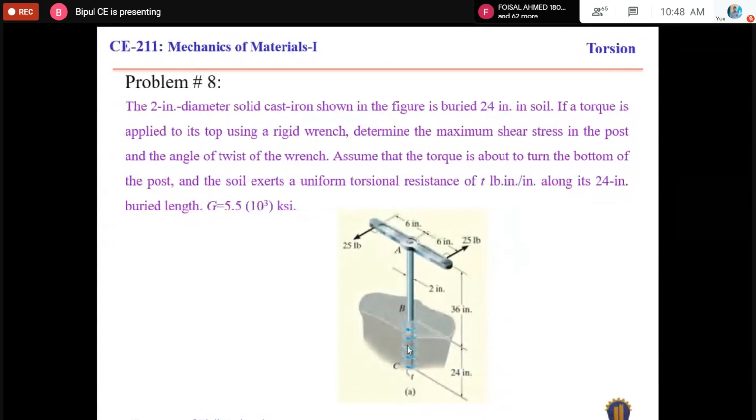This shaft has been inserted into the soil by 24 inches by applying a torque at the top of the shaft using a torque wrench.